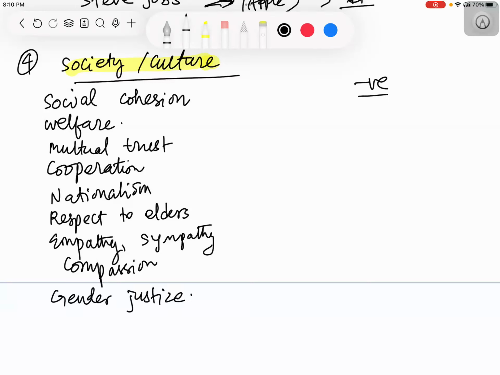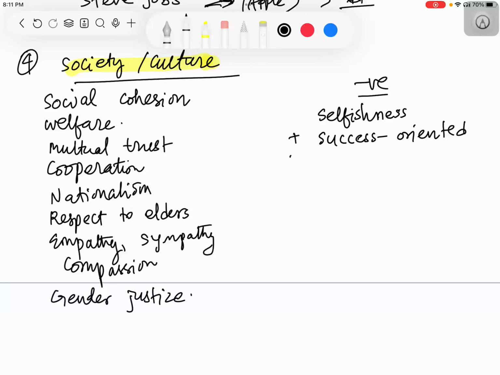The negative part, if you want you can write a few points. What negative values do we get from society or culture? For example, selfishness. If you fail in life, you may take to selfishness, thinking I will succeed. Excessively success oriented at any cost, right? That is also a negative thing.